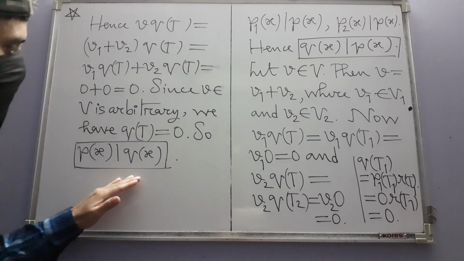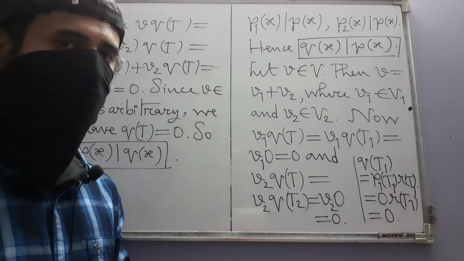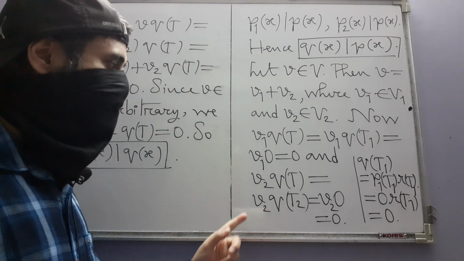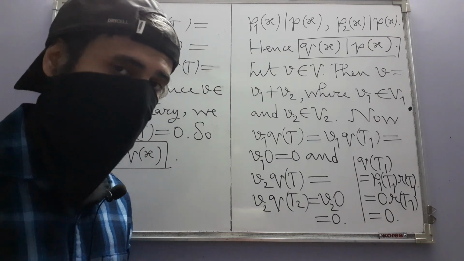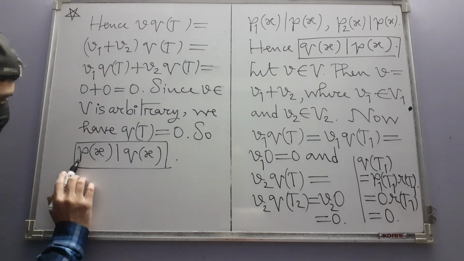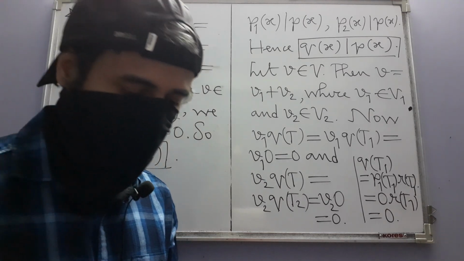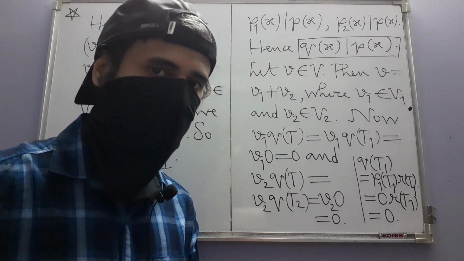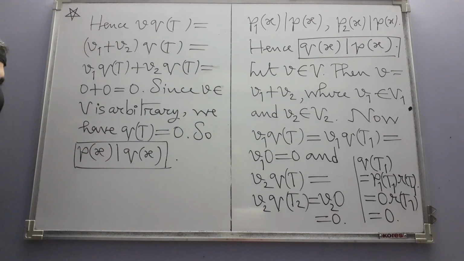However, in this case, we are going to get equality, but why? Because of the fact that we have defined minimal polynomials to be monic polynomials. You see, what is P of x? P of x is the minimal polynomial for t. So by definition, it's monic, and this monicness actually makes it unique.